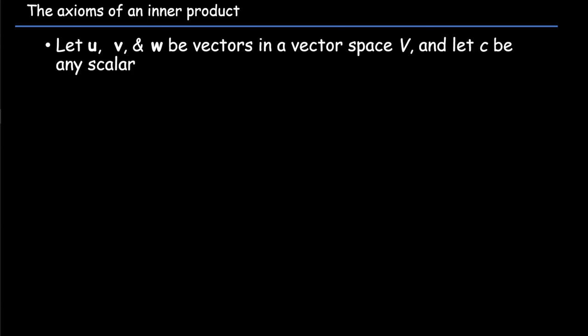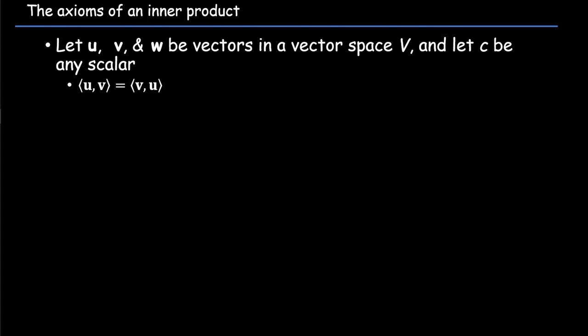Before we talk about that, we need to establish some given things in these axioms. We're going to let u, v, and w be vectors in the vector space V, and let c be any scalar. Our first axiom is that the inner product of u comma v must be equal to v comma u.